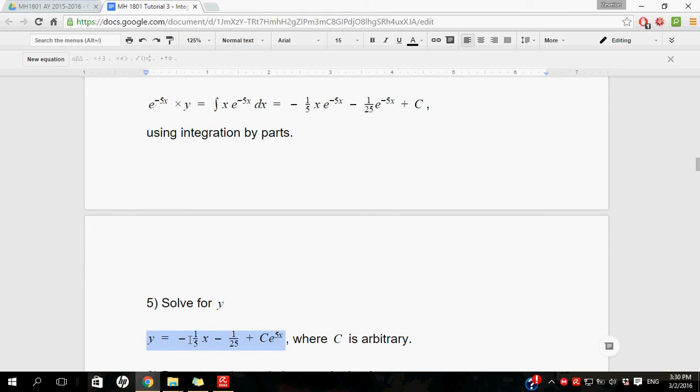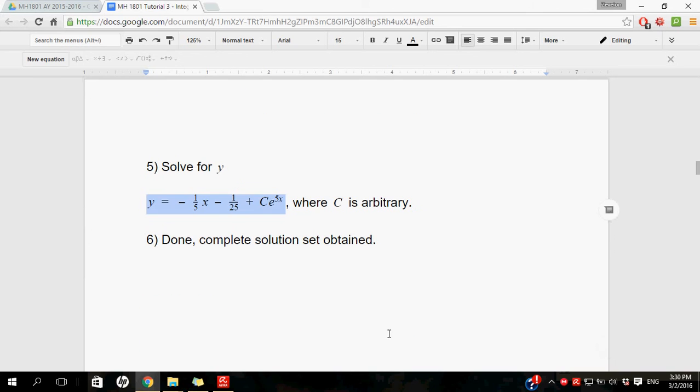y equals minus 1 over 5 x, these two cancel, minus 1 over 25 with cancellations, plus c times e to the 5x, where c is now stated here as our arbitrary constant. We are done. This is the complete solution, but why?